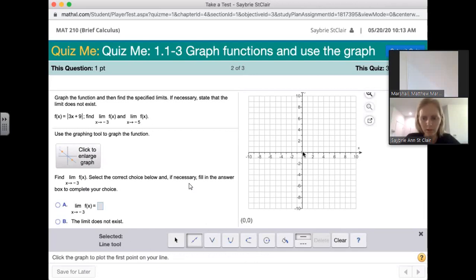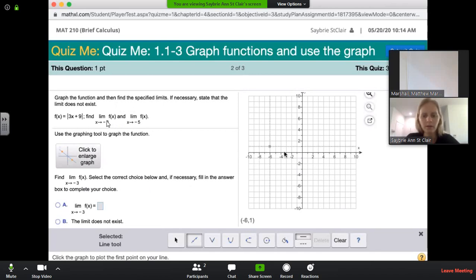So -3 for x would be 0 for y. So you want to go -3 right there. I'm plugging in because it's saying find the limit as the line approaches either side from -3.